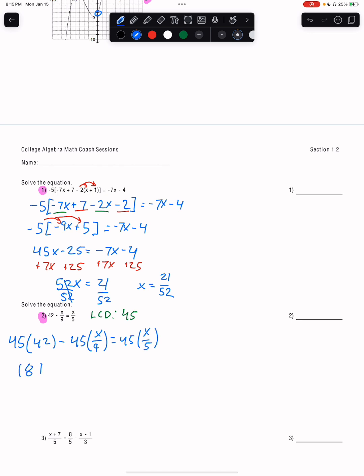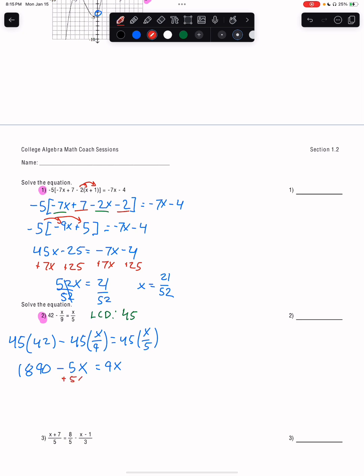Get a big number here. We multiply the 45 to the numerator and divide it by 9. We'll be left with just this 5x. And a similar thing will happen over here, where 45 divided by 5 is 9, so we're just left with 9x.